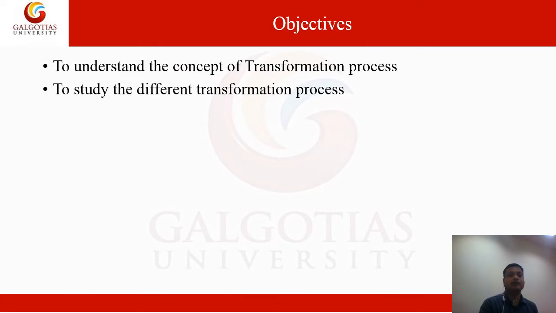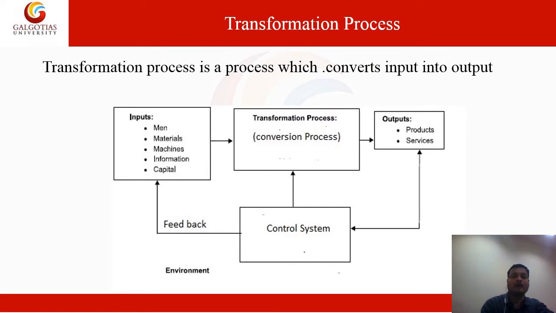As I said in the previous slide, today we will discuss the transformation process and the various transformation processes which we can see in a production system. Now let us come to the topic of our discussion today, transformation process.